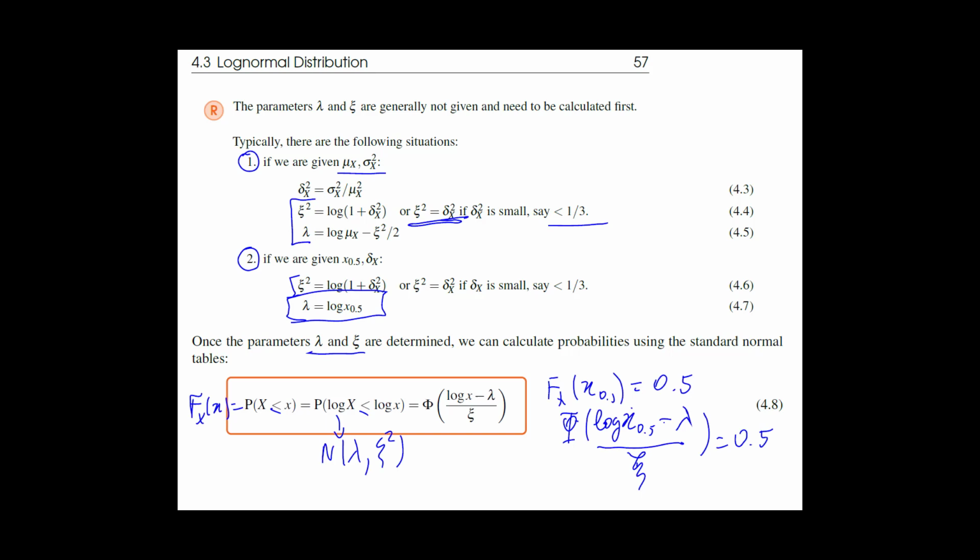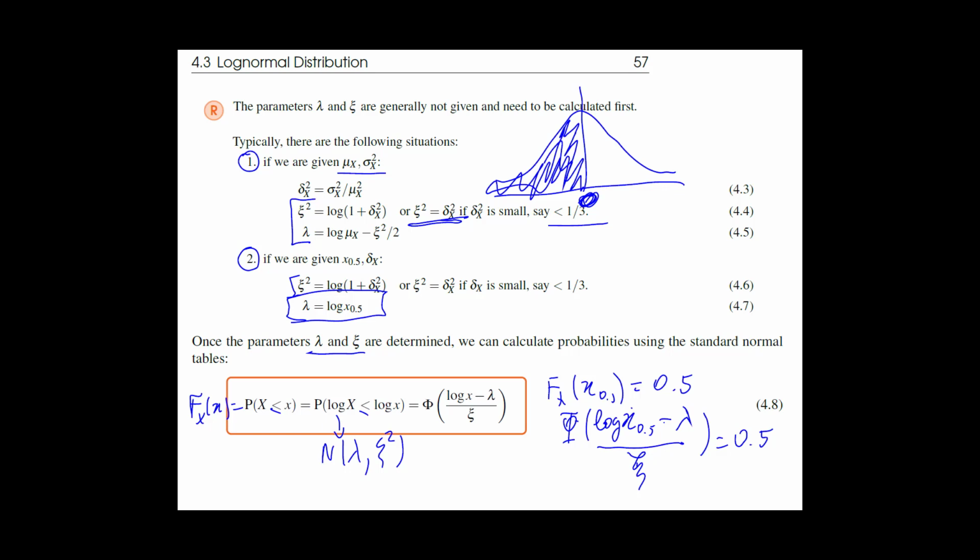Okay, but phi of something equal to 0.5 means that that something has to be 0, because phi, the standard normal distribution, is symmetric with respect to 0. So if the CDF is going to be 0.5, it means that this area is 0.5, and you see here that 0 is the value that would give you a CDF of 0.5.